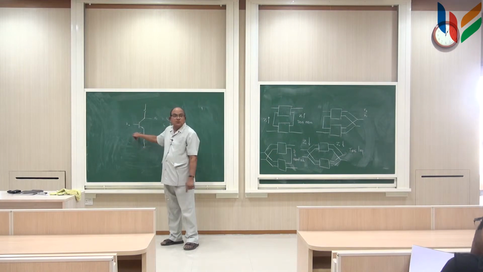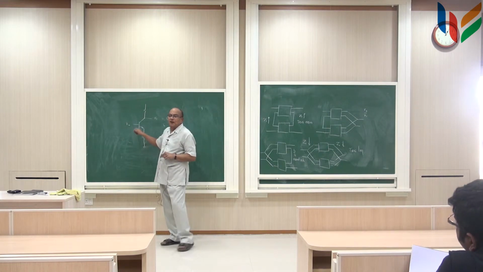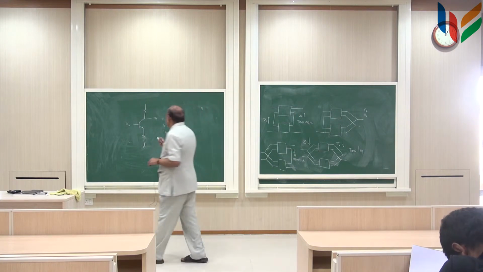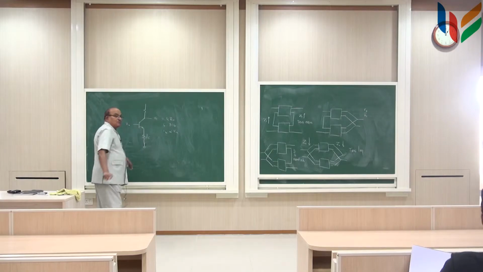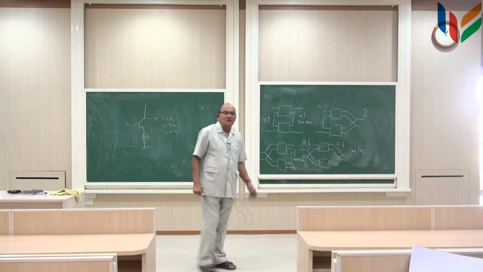That small RE which you had before is effectively increased by this amount of RE. So the effective RE now will become RE plus capital RE. Beta times that will now be a very large value.